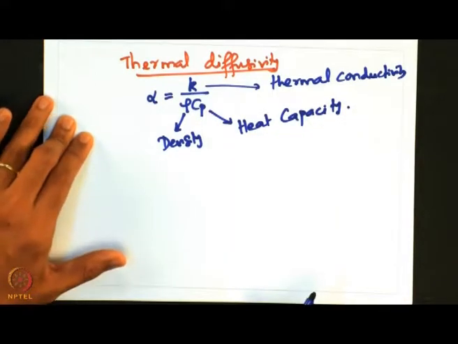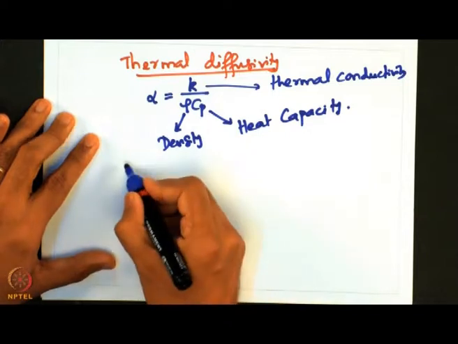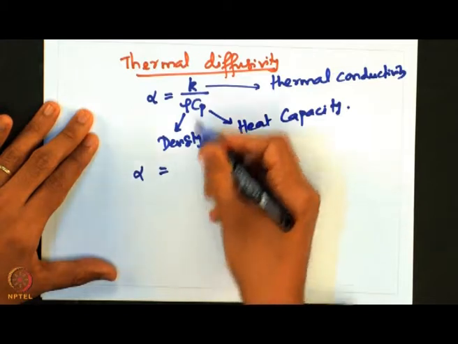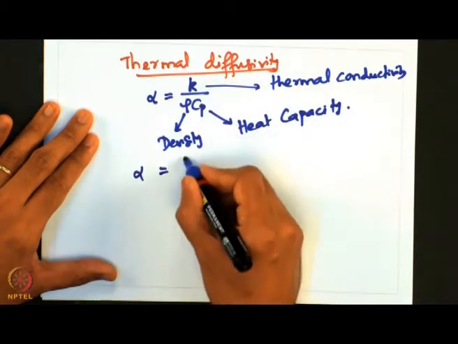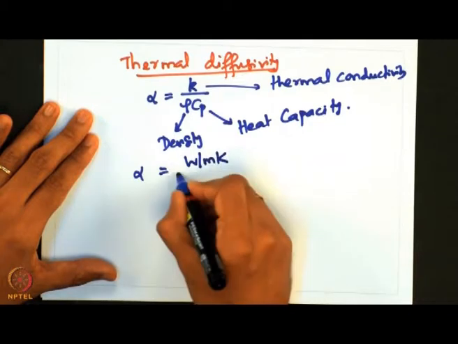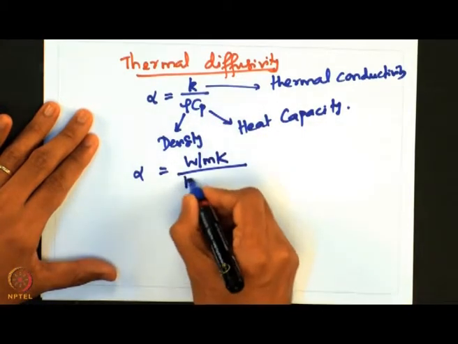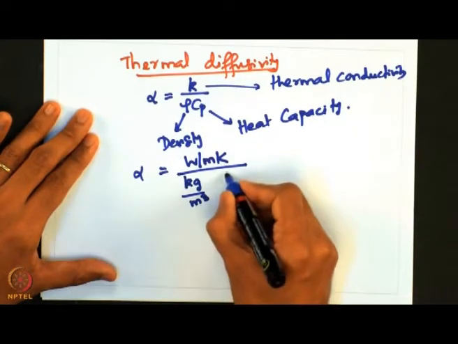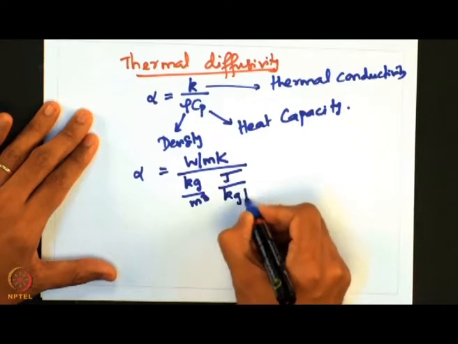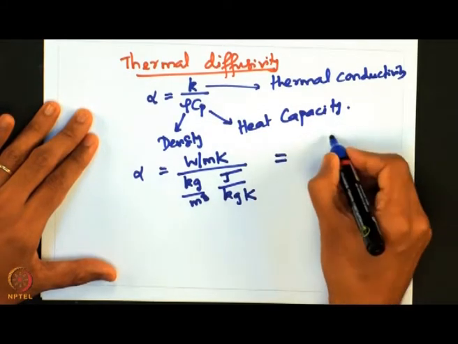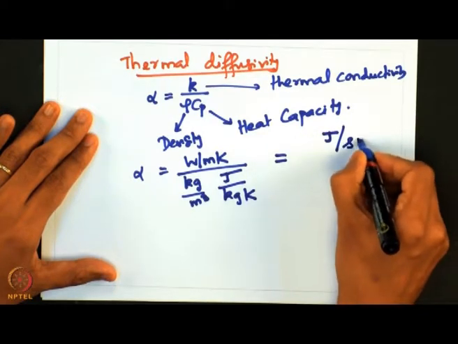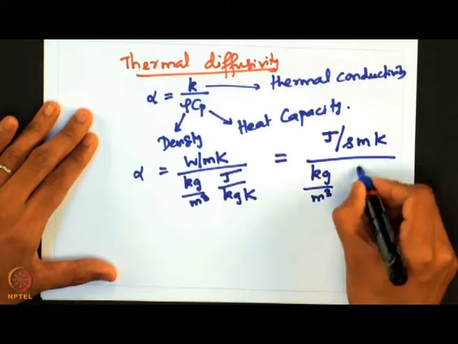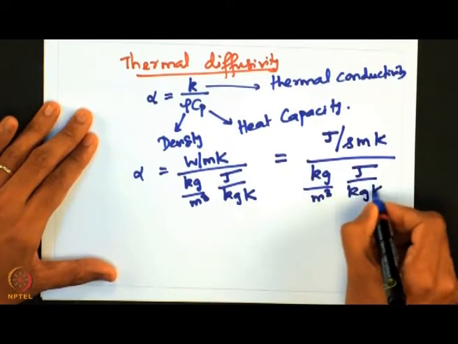So, what will be the units of thermal diffusivity alpha? The units of thermal conductivity are watt per meter Kelvin, the units of density are kilogram per meter cube, and the units of specific heat capacity are joule per kilogram Kelvin, which is equal to joules per second meter Kelvin divided by kilogram per meter cube, joules per kilogram Kelvin.